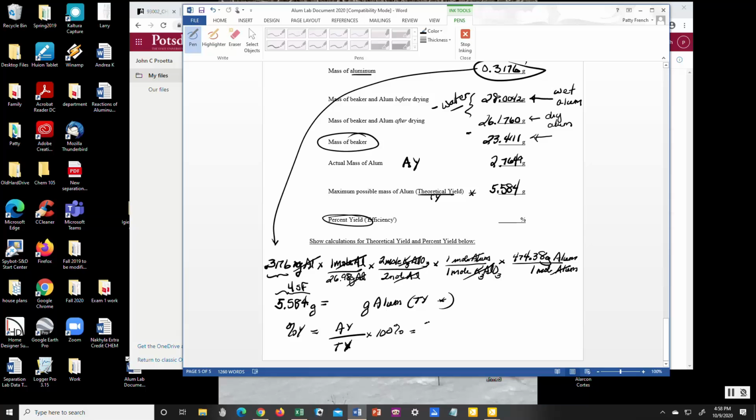So I have 2.7649 grams divided by 5.584 grams times 100%. And my percent yield is 49.51%. Notice only 4 sig figs because I only had 4 here. And that is how you do your calculations for the alum lab.